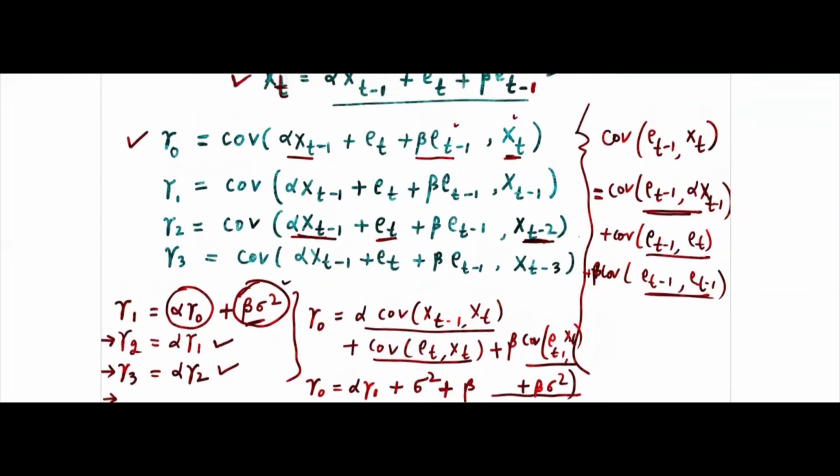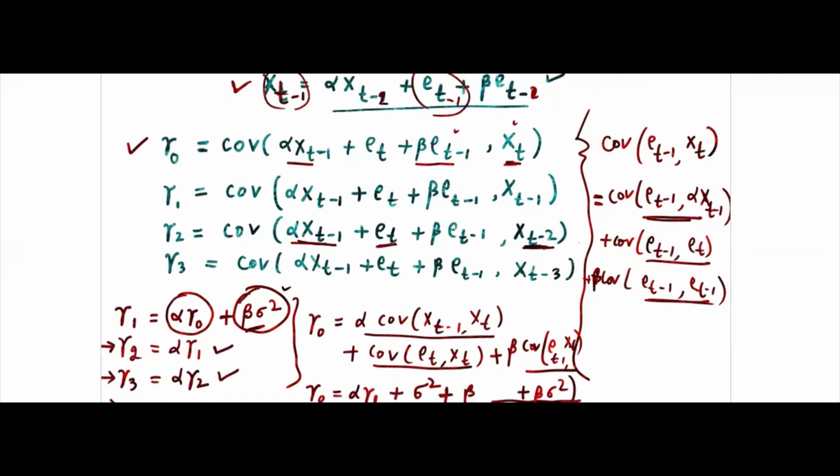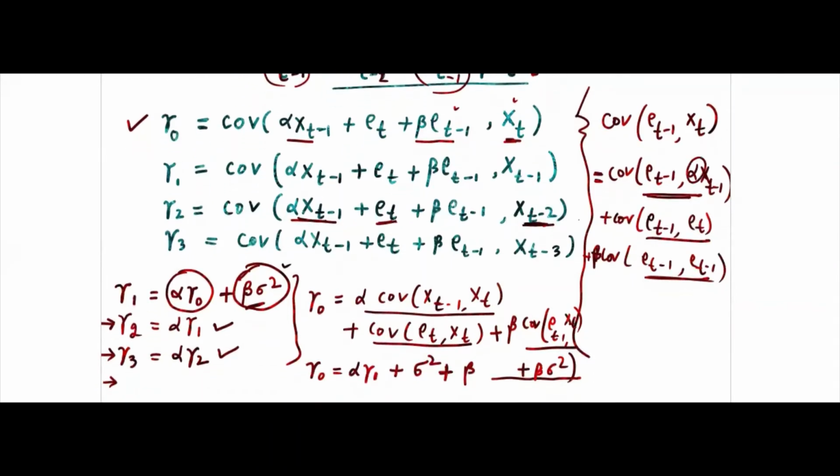You can check this way, xt minus 1, et minus 1. If I write xt minus 1, I will see whether I will get et minus 1 or not. See, we have 1 here, so that way you will get another sigma square. So alpha sigma square, alpha is here. So this is your gamma naught, this is gamma 1, this is gamma 2, this is gamma 3.